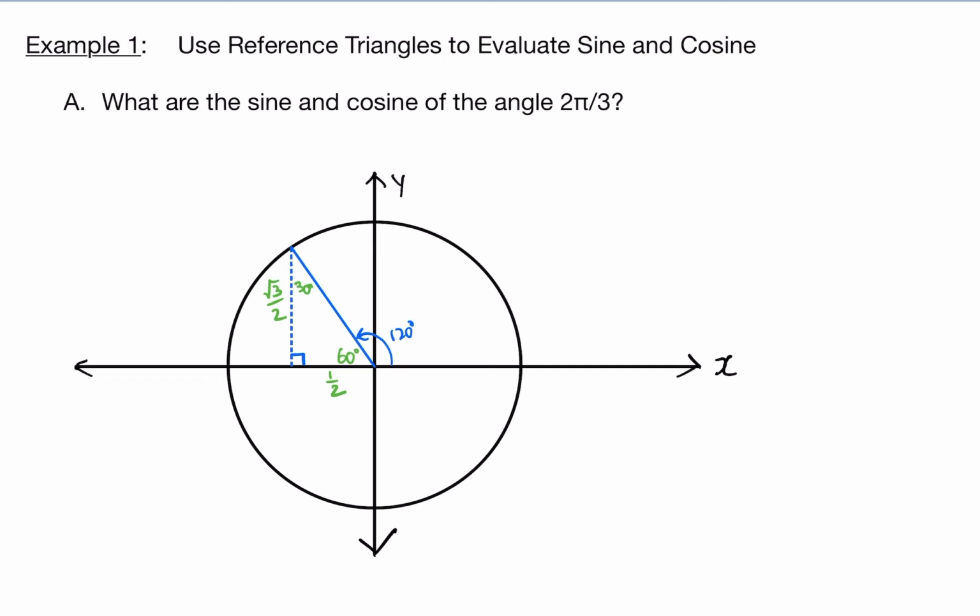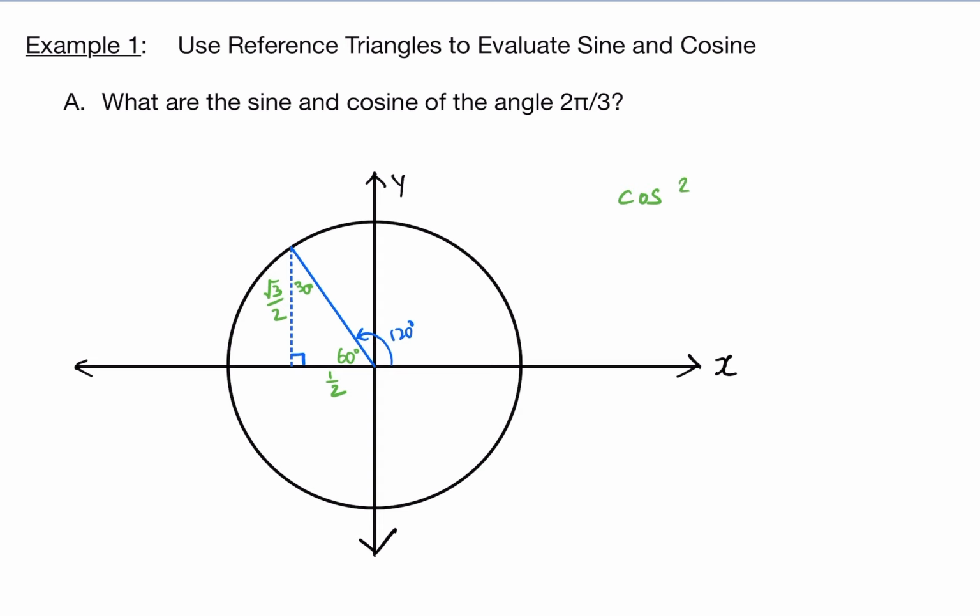Okay, now in a unit circle, we know that the x value is the cosine part of the function, and the y value here would be the sine. So therefore, the cosine, let me go ahead and abbreviate this.